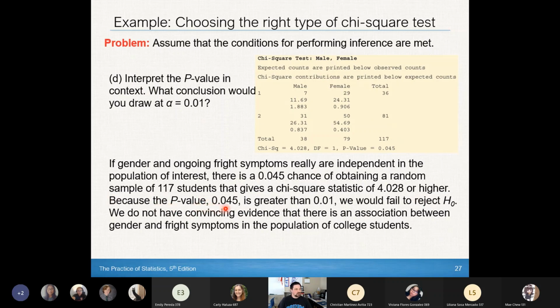Because the p-value of 0.045 is greater than 0.01, we would fail to reject the null hypothesis. We do not have convincing evidence that there is an association between gender and fright symptoms in the population of college students. Is there anything I can clarify about this answer to that question, about interpreting and writing a conclusion?